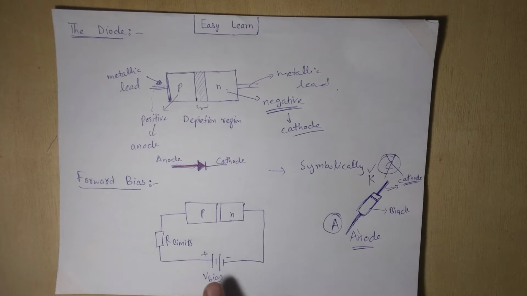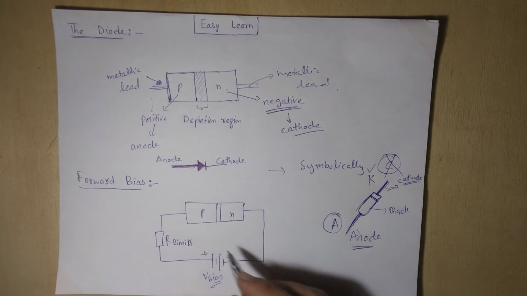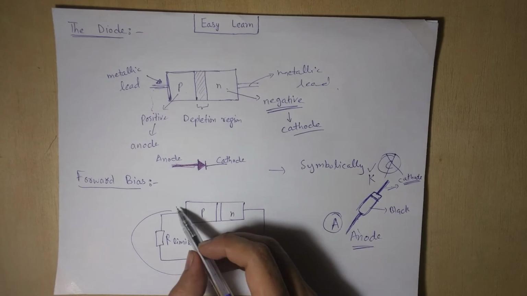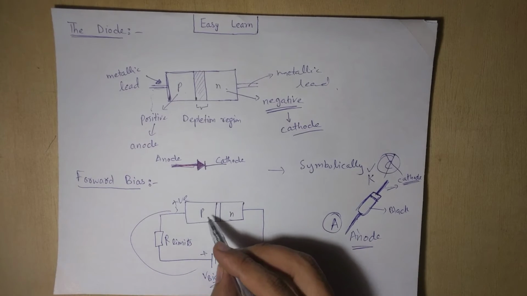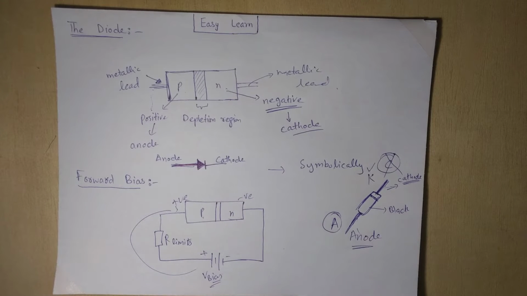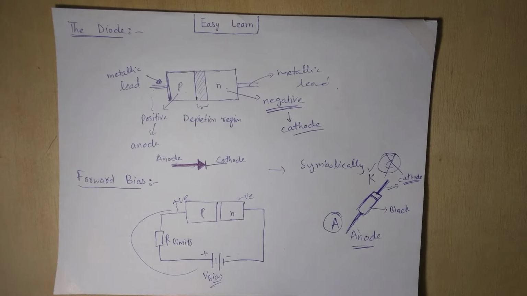One thing you have to notice is that there are two conditions. The first condition is that the positive side of V bias must be connected with the positive P terminal, and the negative side of V bias is connected to the N region of the diode.